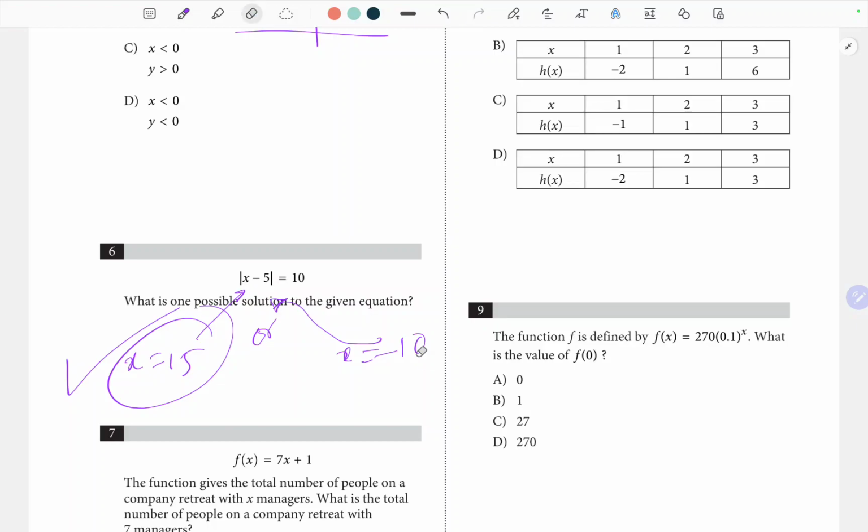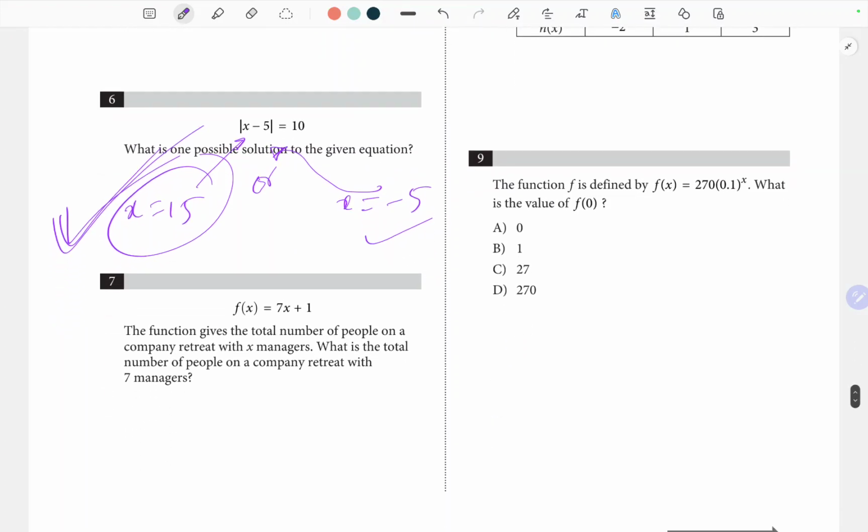Oh no, here it's not minus 10, it's minus 5. If I put minus 5 here, then minus 5 and minus 5 gives minus 10, but because of the mod it will be plus 10. So the answer is 15 or minus 5. We have to write one possible, so I will write x equals 15. But if you write minus 5, then also it will be right.